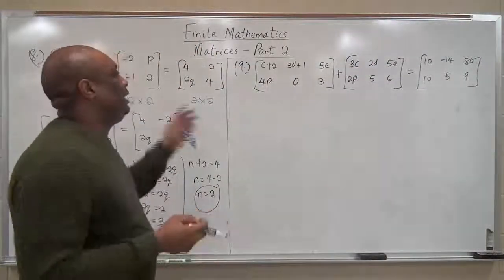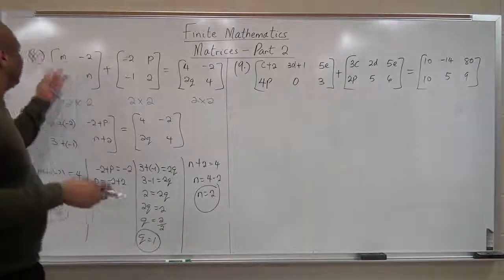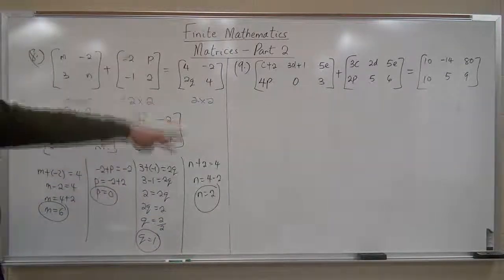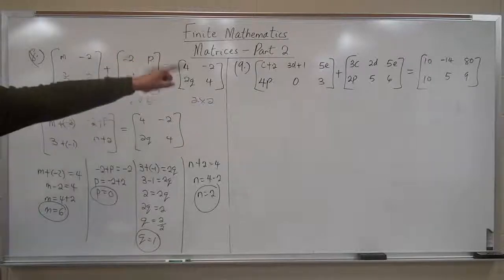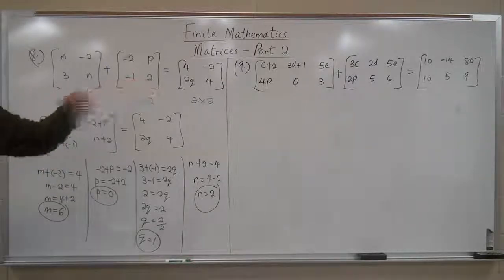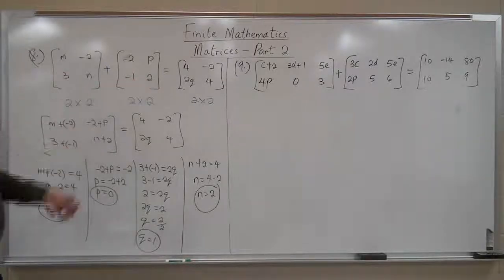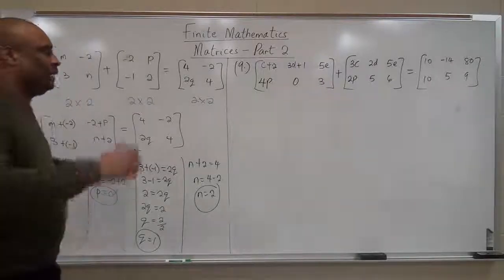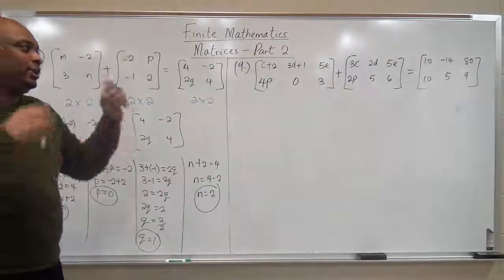So, if you want to do this like this, that's fine. Some folks don't want that. Some folks will go ahead and do C plus 2 plus 3C is 10. Some folks will just do it that way. There are so many ways to dance, you know. You can do break dance, you can do electric dance.